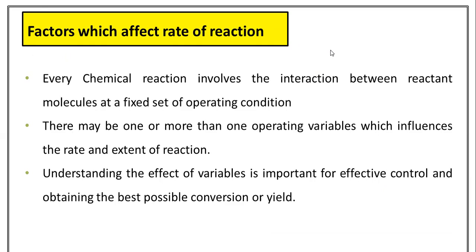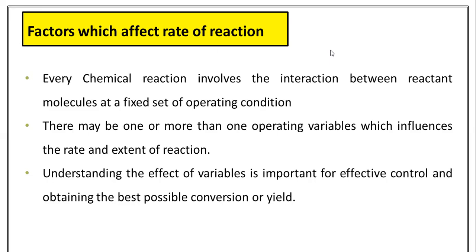Now, as a chemical engineer, whenever we are planning to carry out that reaction on an industrial scale, our objective is effective control of the reaction. Effective control means control of the process variables, maybe temperature, pressure, the progress of reaction, etc. And we always aim at getting the best possible conversion or yield.